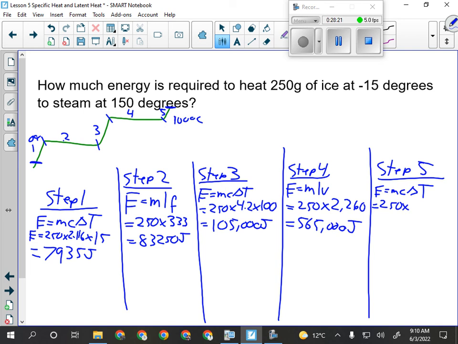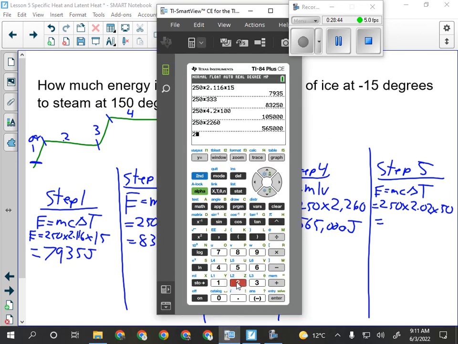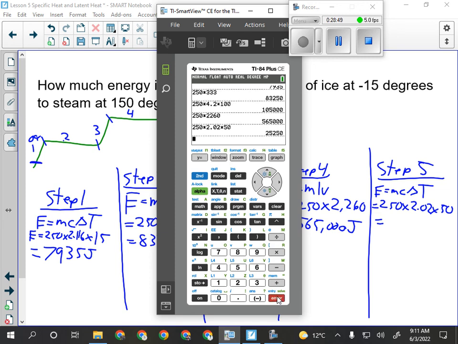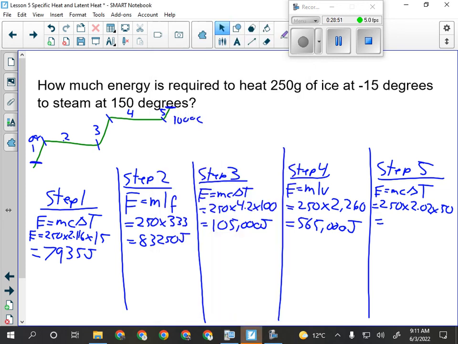Now it's steam, so I need to put in the specific heat capacity of steam, which is 2.02 joules per gram degree Celsius, and I'm heating it to 150, so what's my temperature change? 50. All right, that's 25,250 joules.